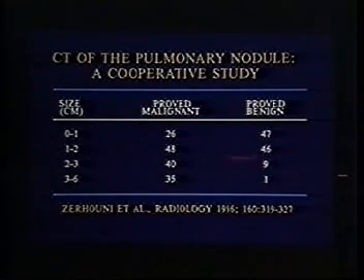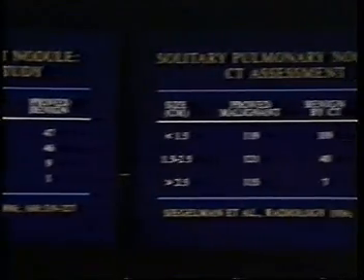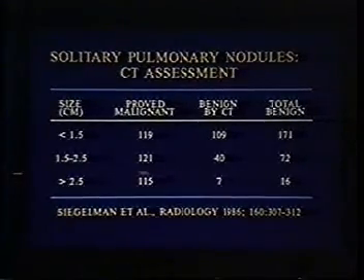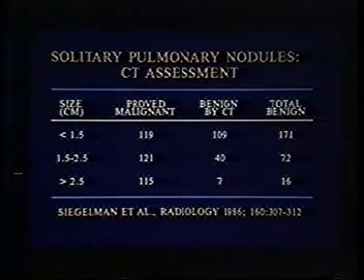Under 2 centimeters, a much larger percentage of nodules are benign. In Siegelman's series, nodules greater than 2.5 centimeters in diameter, 115 were malignant. Only a total of 16 were benign, and of those 16, only 7 could be called benign on the basis of CT criteria.